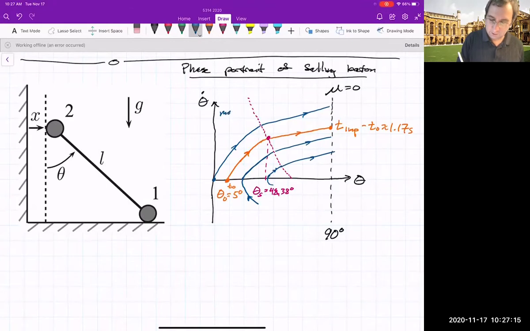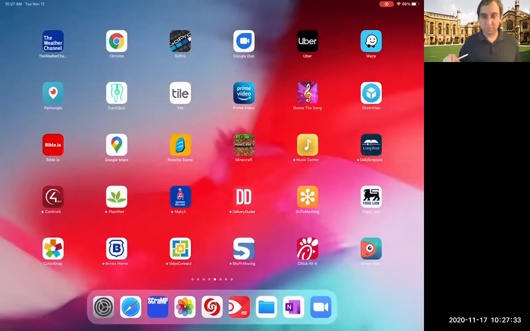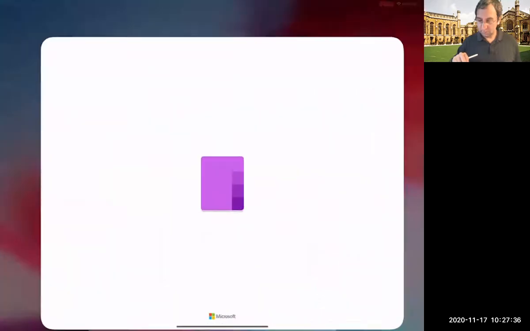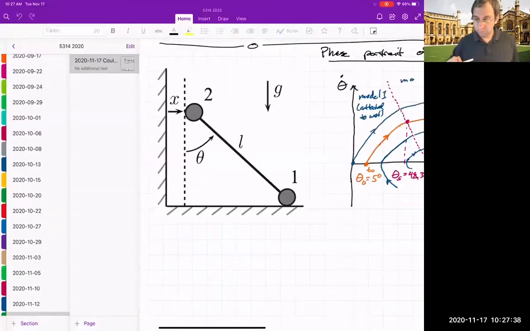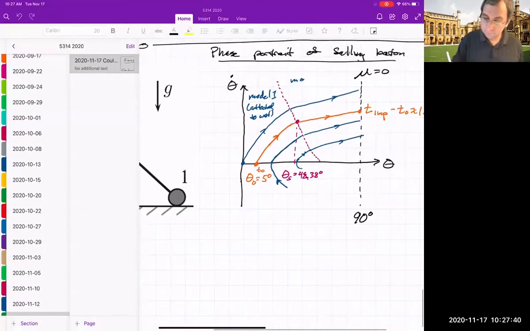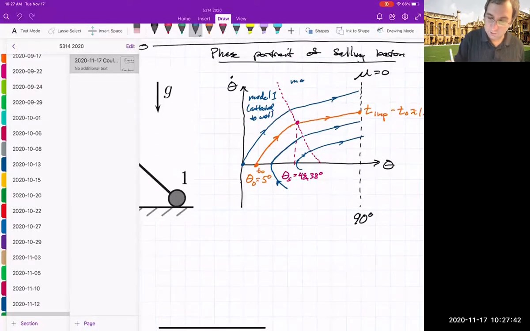So this is model 1, when it's attached to the wall. And then model 2, it's released from the wall. And so then there's this whole series of patch points. Oops. Did it erase everything? Not everything, just some things.